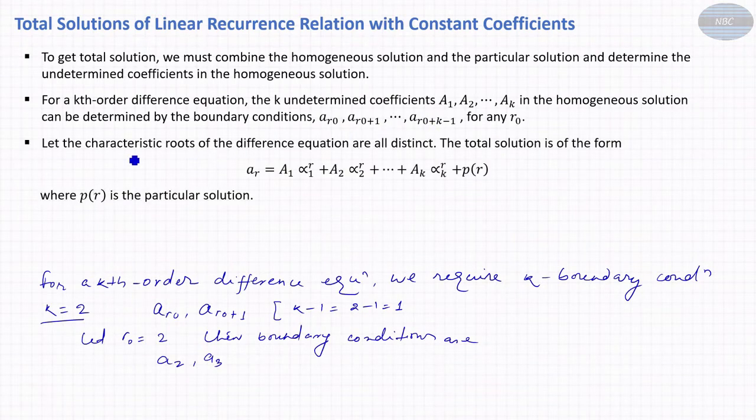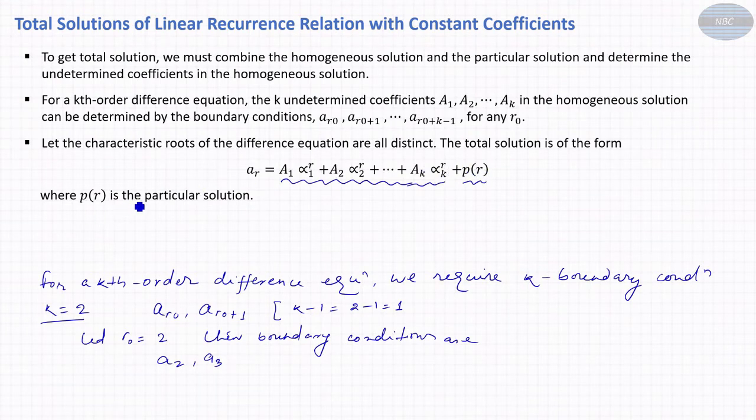Let the characteristic roots of the difference equation be all distinct. Then the total solution is of the form: this is the homogeneous solution, a1 into alpha1 to the power r up to ak into alpha k to the power r, plus p_r, which is the particular solution.